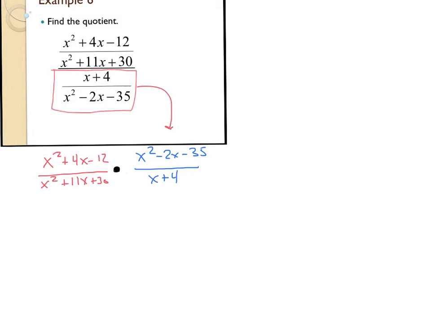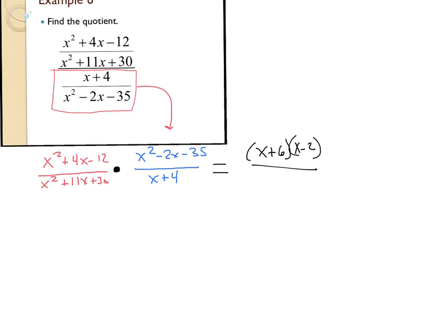So first step, I'm just going to go ahead and factor. I'm going to start with this one right here. Once again, I don't want to put an x, so let's just point to it. Sorry about that. I'm going to factor this, and when I factor it, I get x plus 6, x minus 2.